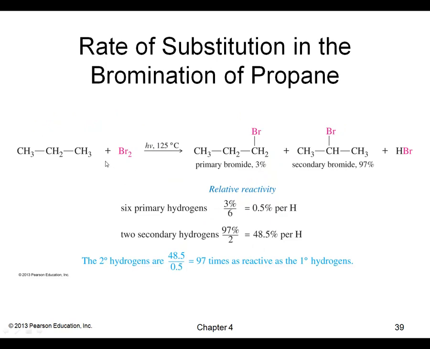Here what they do is the same reaction, but this time with bromine. If you do that, you get a large number of the secondary bromide compared to the primary bromide, and these numbers are more skewed than the chlorination case.